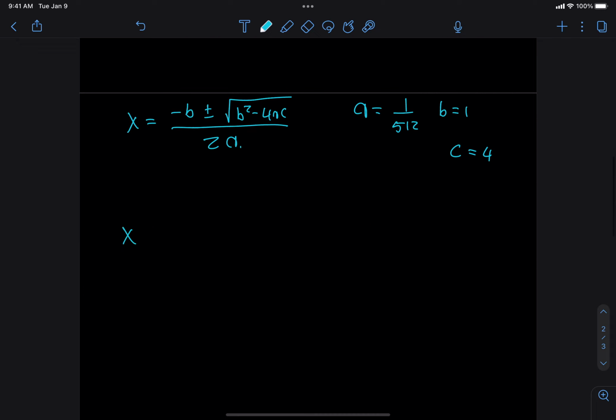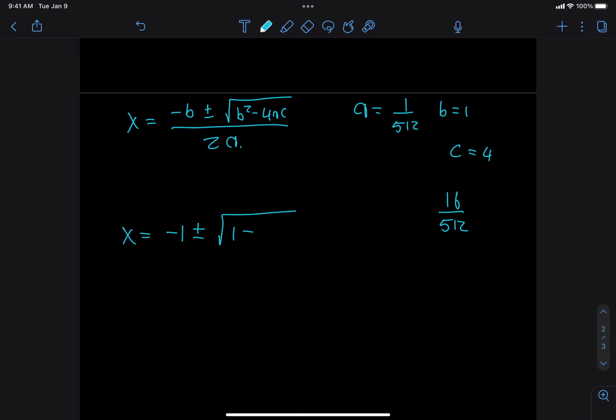It would be x equals negative 1 plus or minus the square root of 1 minus 4 times a times c. That's 16 divided by 512. Someone got a calculator on them? Can you use it for me?